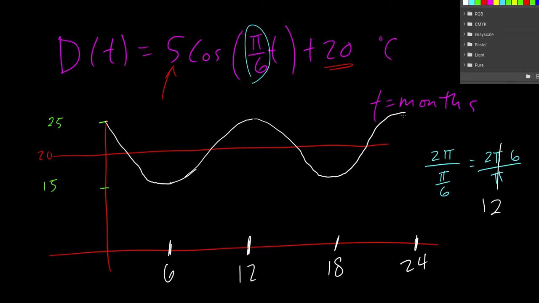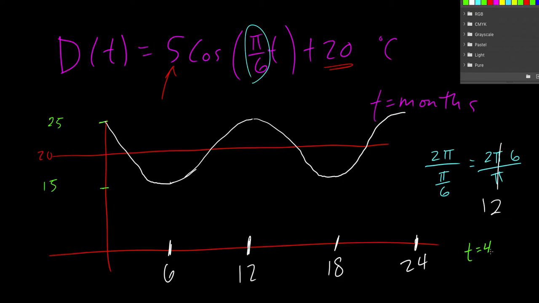That's part A. Now part B asks us, May is 4 months after January. So when T equals 4, find the average daytime temperature during May.